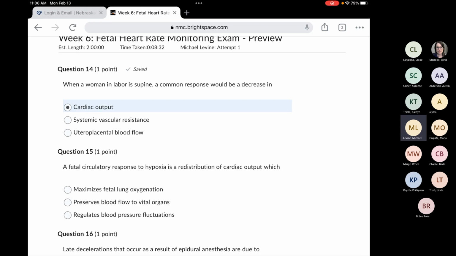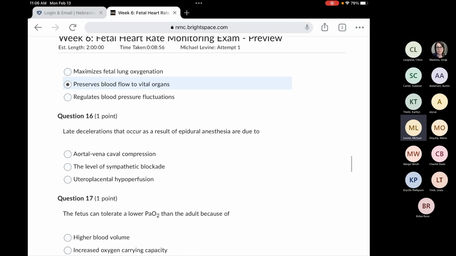But we spoke about this, that a fetus that's under hypoxic stimuli or concerns will redistribute blood to the vital organs. So the brain would be one, the adrenal glands would be the other, the heart would be the third. So it preserves blood flow to vital organs is the logical answer.